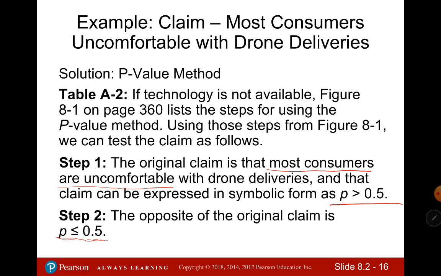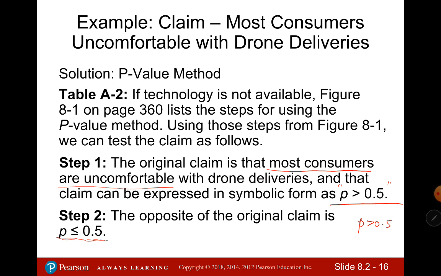From step 1 you already have p is greater than 0.5. You only need to write this down and ask yourself a question. This one must be one of your hypotheses, this is always true.